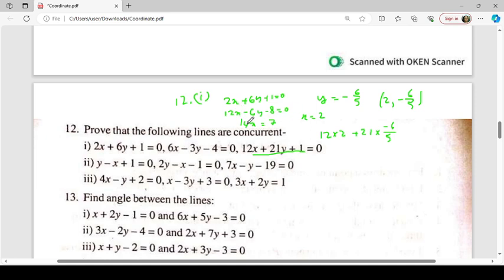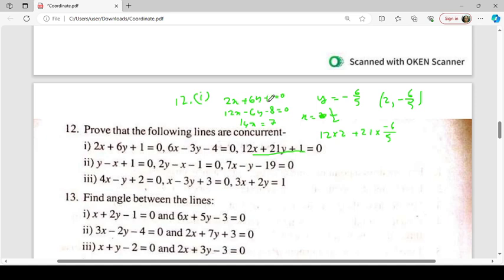It is 14x minus 7 equal to 0, means x equal to half. And y will be 2 into half, it is 1.